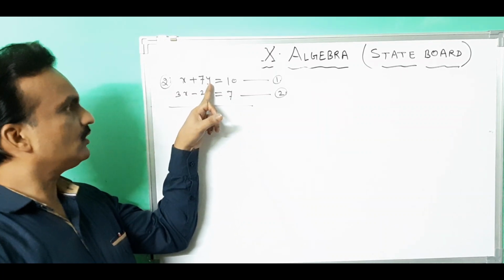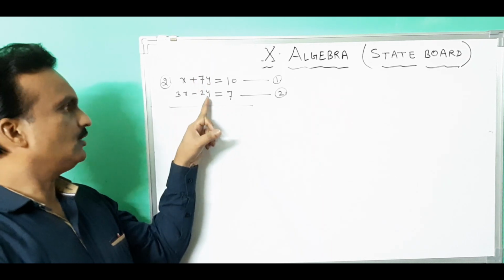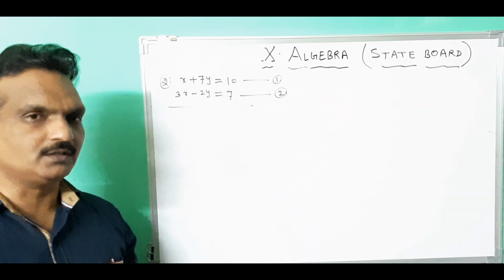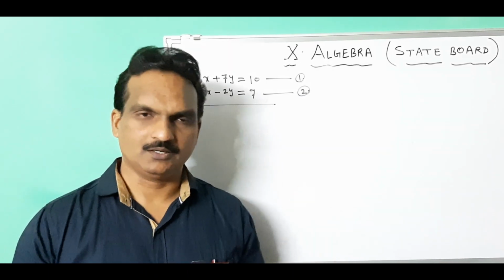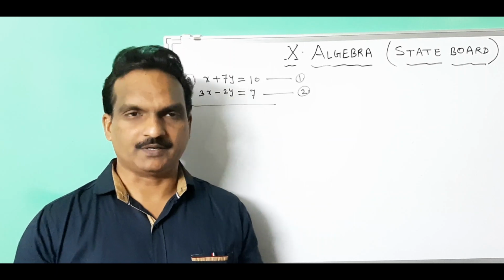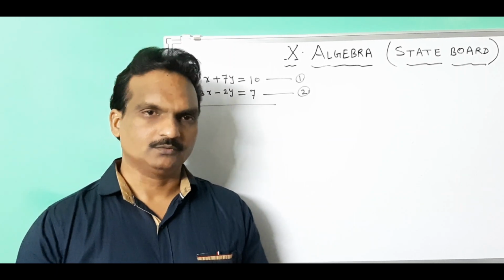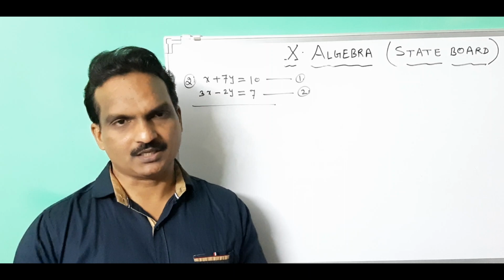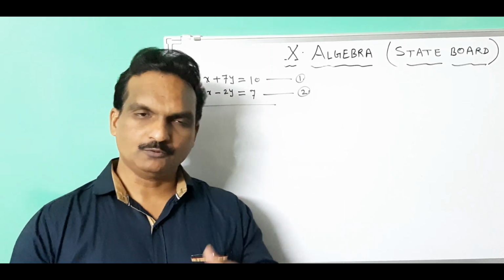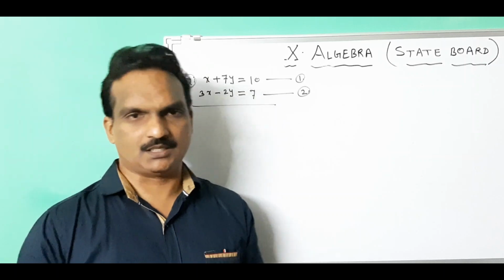Here the coefficient of y is 7 and the coefficient of y is minus 2. Here also the coefficients are different. As you can see, the coefficients of both the variables are different. Now our work is to make the coefficients the same. How to make the coefficients the same? Let us see here.